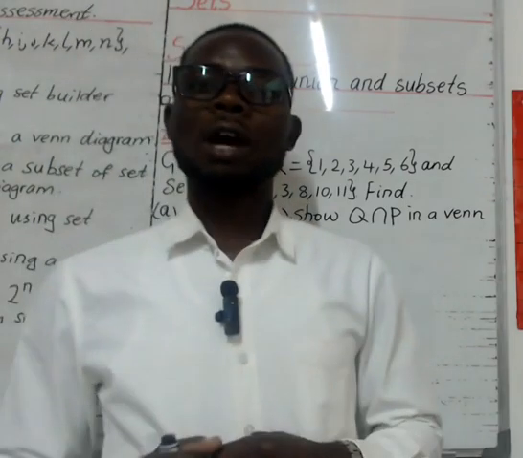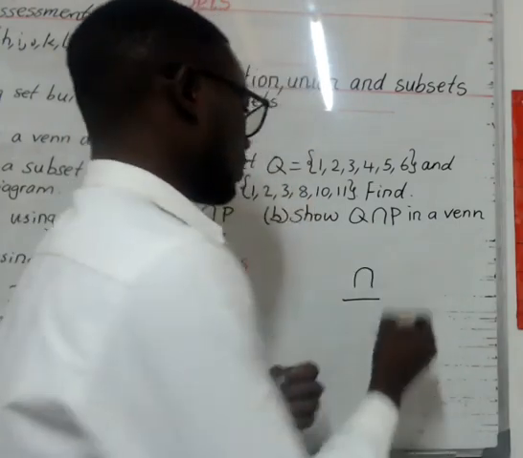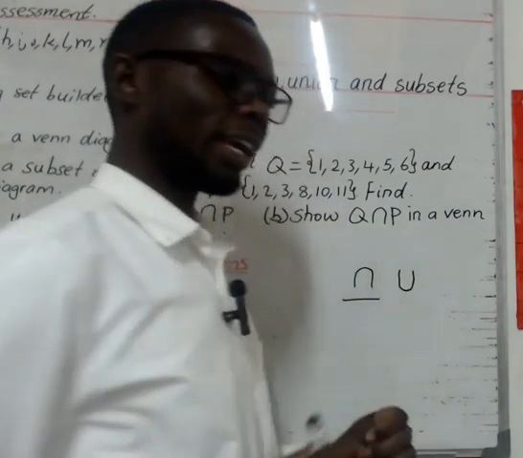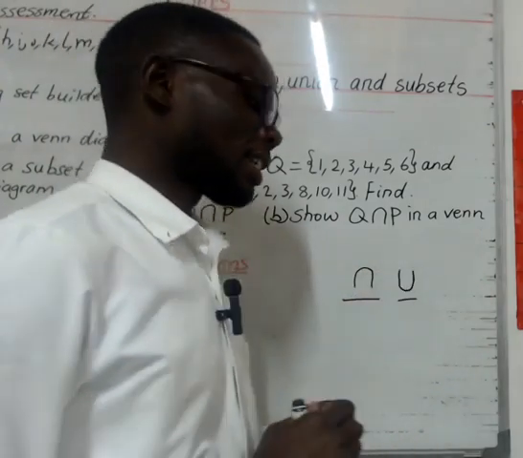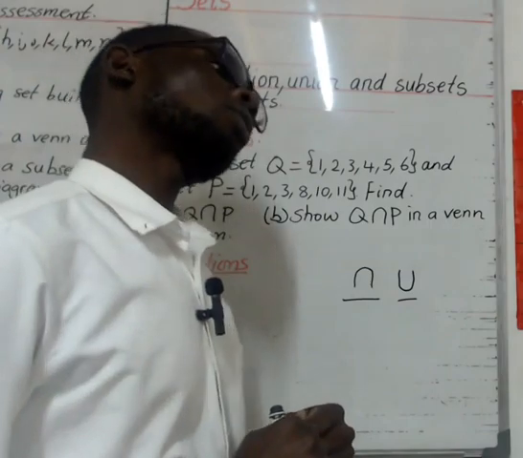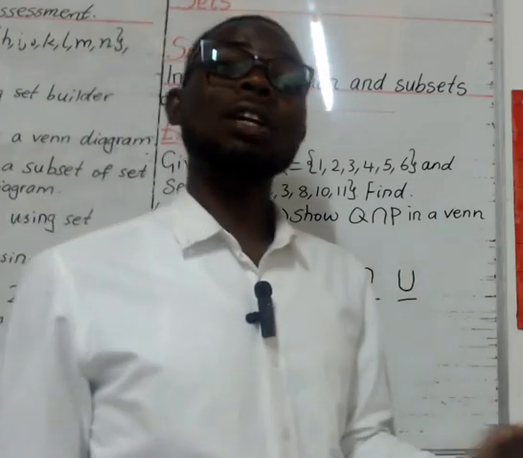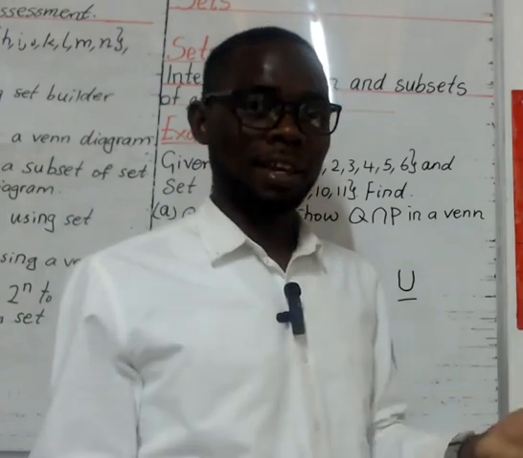And now we also have another symbol for the union set. Okay, so this is the symbol for the union set. And now we have another symbol for an empty set, because a set can also be empty. It can have something inside or it can have nothing inside.